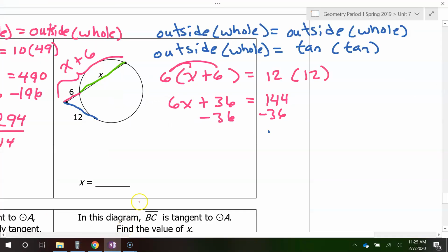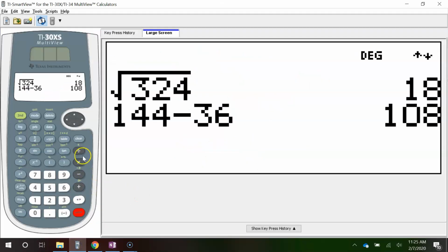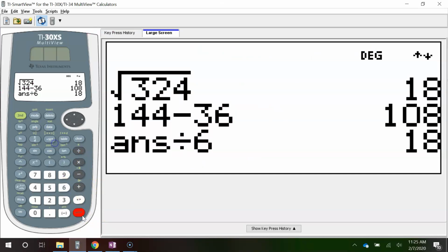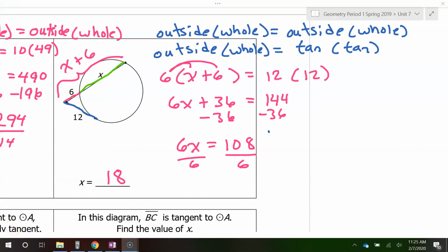So that's going to be 108. So I'll have 6x is equal to 108. And then I need to divide both sides by 6. And that is 18. All right, that's it for that one.